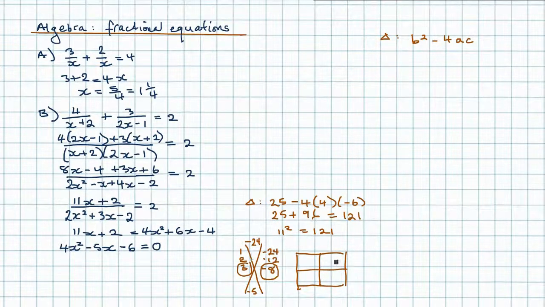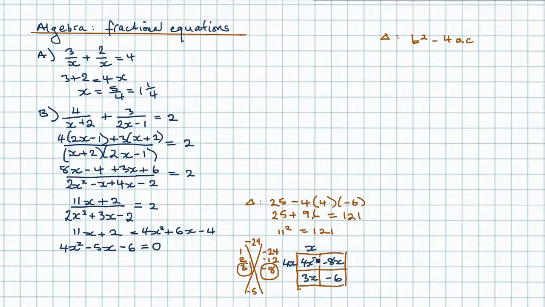I've got 4x squared here. I know I've got minus 6, but it's how this middle term splits that I didn't know before. I do now. It's minus 8x plus 3x. So 3x there. Okay, so looking at that, I'm going to put 4x here as one of my sides, x up here. 4x times x gives me 4x squared.